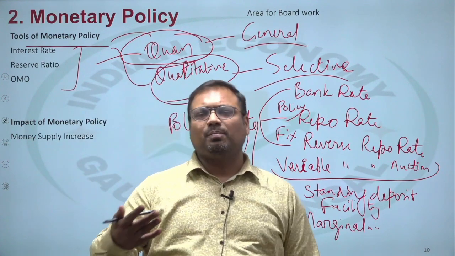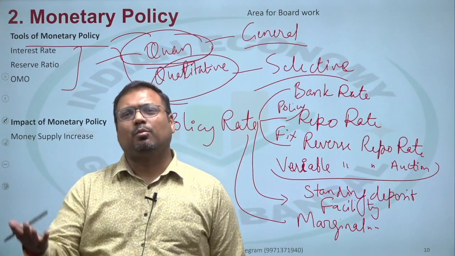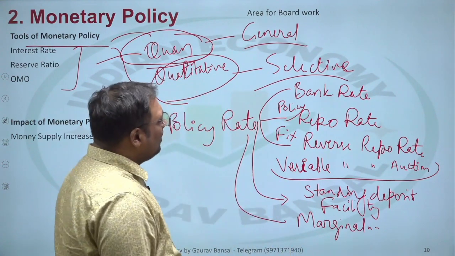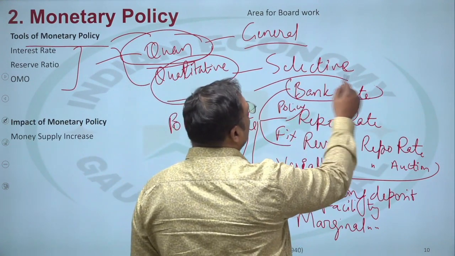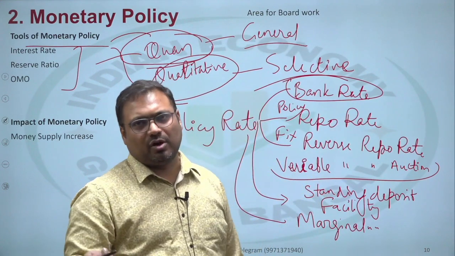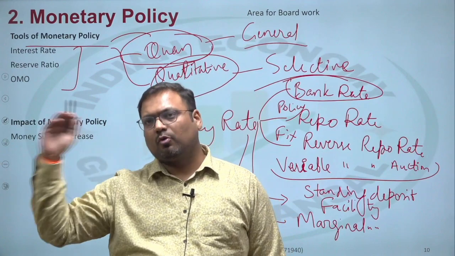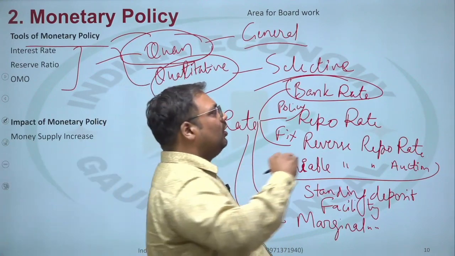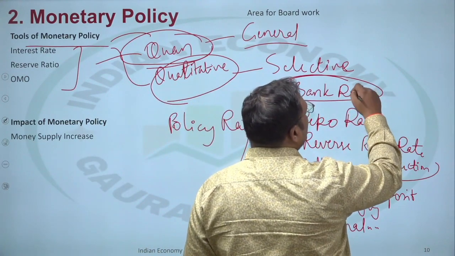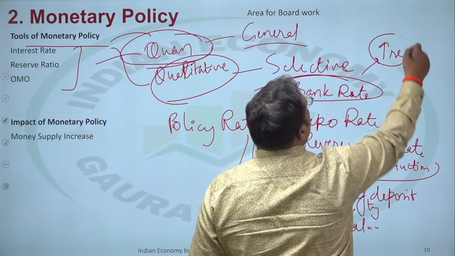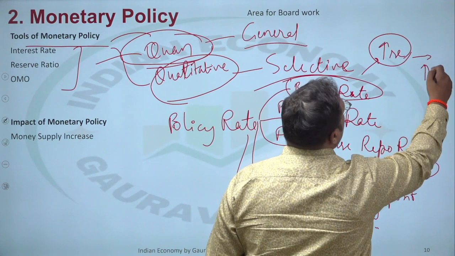So bank rate is simply the rate at which banks can borrow from RBI. If the bank rate is more, banks have to pay more interest to RBI. If banks have to pay more interest, they will charge more interest from common people on their loans. So if this bank rate or any of these rates increase, they increase the general lending rate.